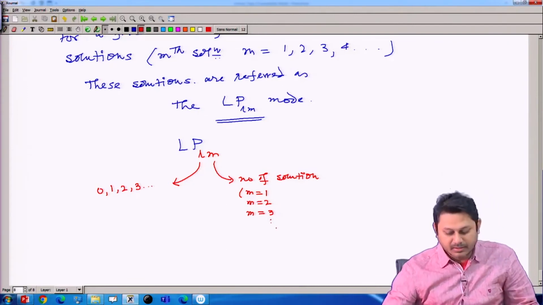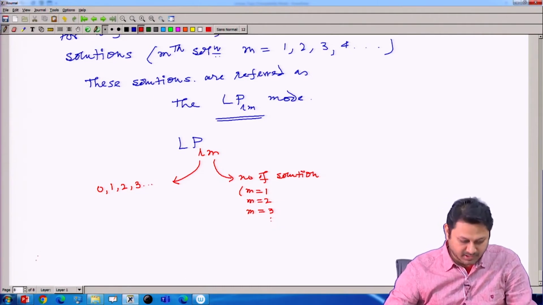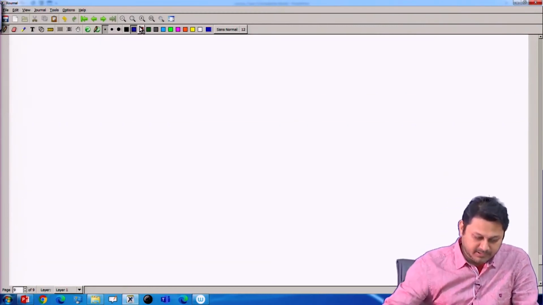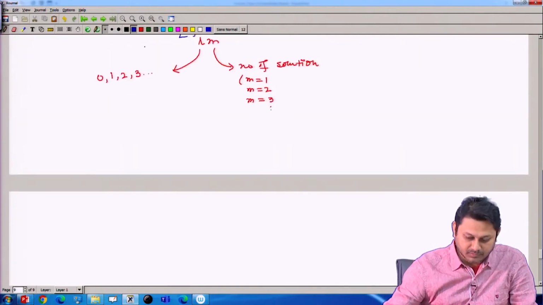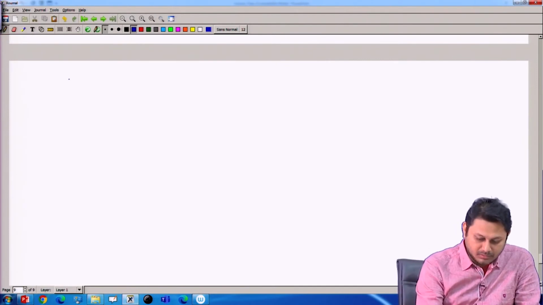So, we are going to see how this basically looks. So, let us do one example. Suppose for L equal to 0, what happens?